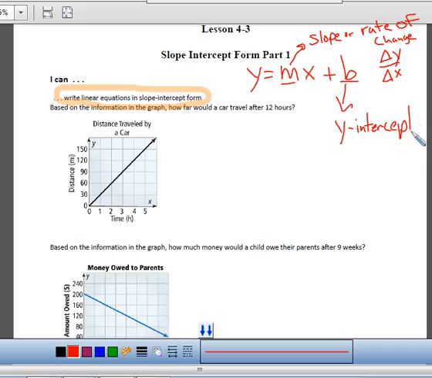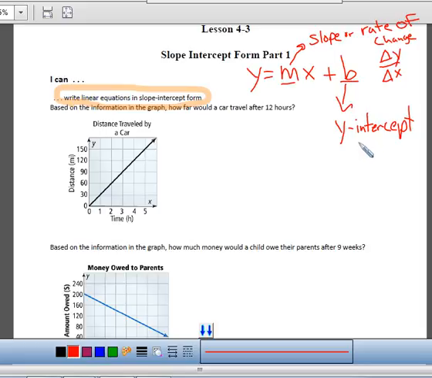If you think what the word intercept means, it's when something runs into something else or crosses something else. I often think of a football reference. An interception is when the other team catches the football when a quarterback's trying to make a pass.